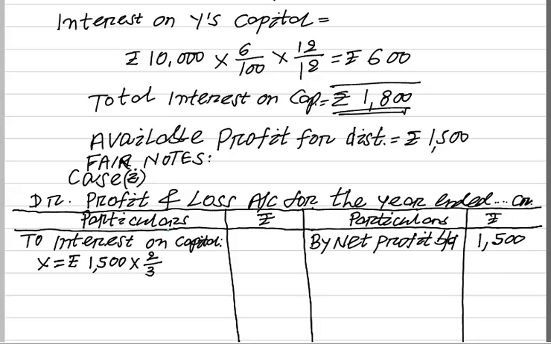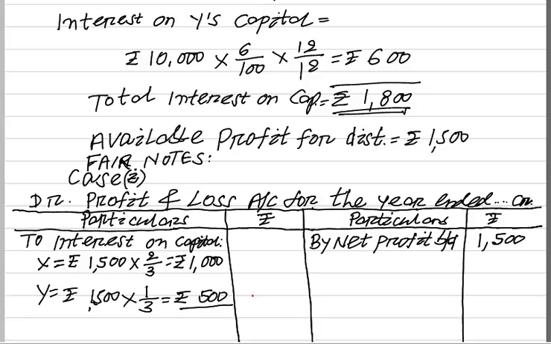That is 2:1. This is rupees 1000 for X, whereas for Y, 1500 calculated in the ratio of interest or the ratio of capital, which is 2:1, will amount to rupees 500.